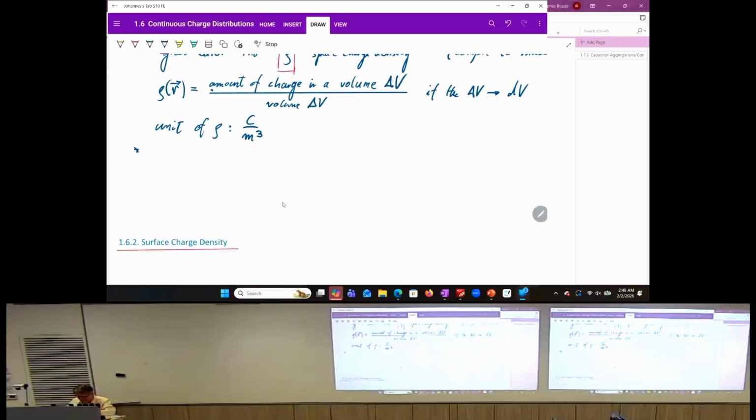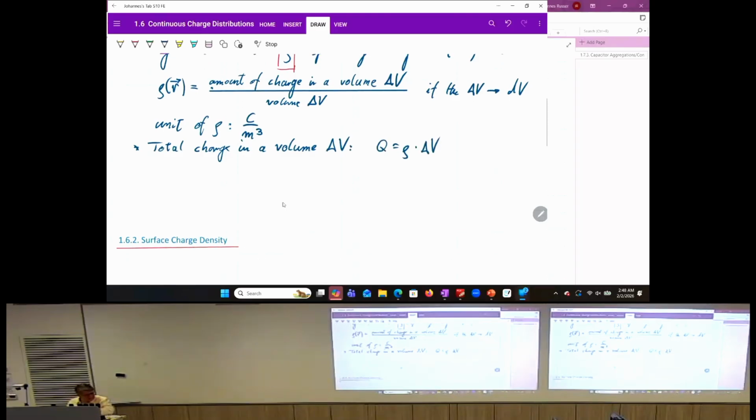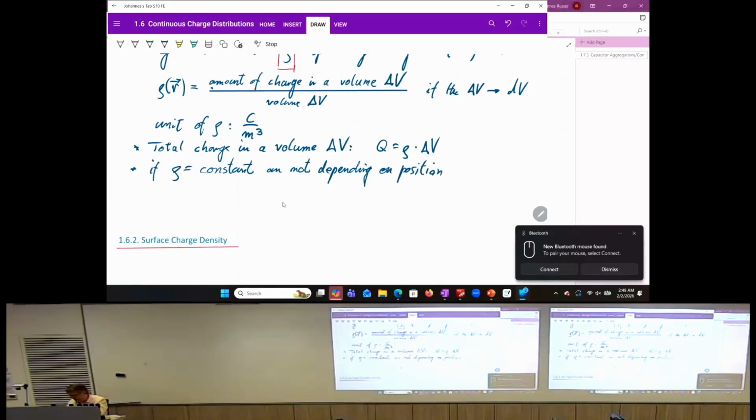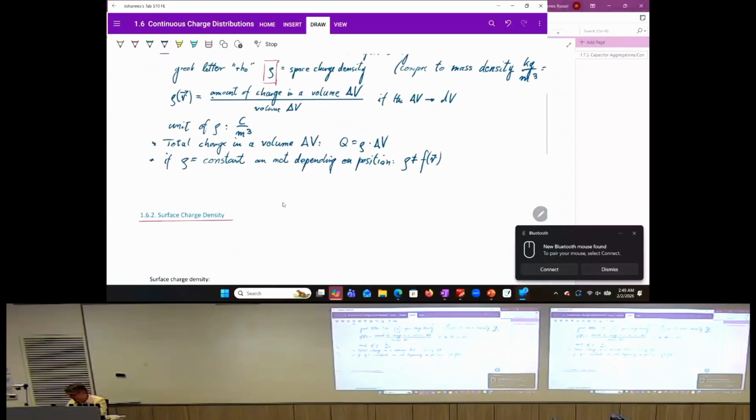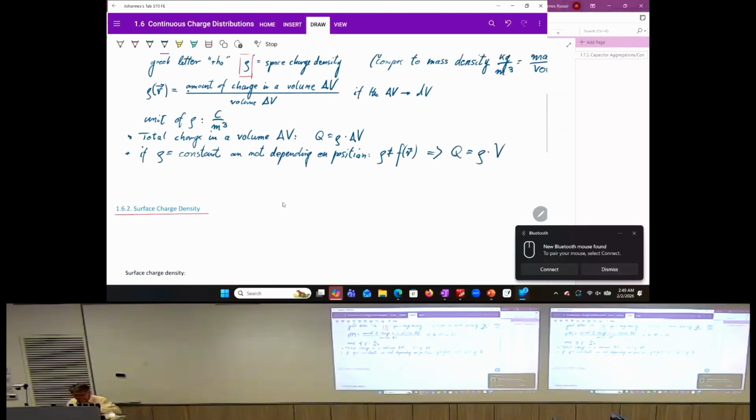The general term here would be the total charge in the volume delta V, that is given as Q equals rho times delta V. And if that rho is constant and not depending on position, that means that rho is not a function of r, then our charge becomes very conveniently just rho times the volume as a whole.